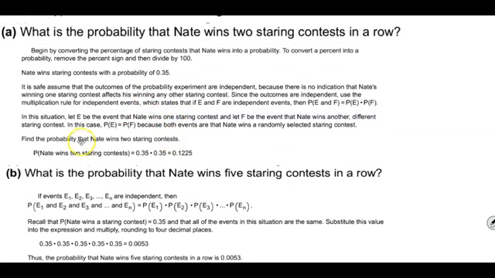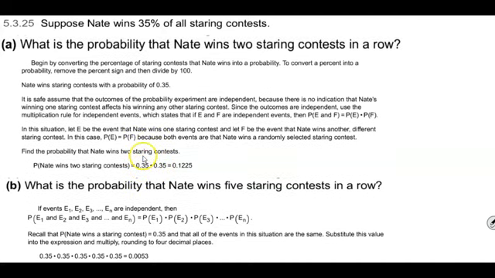So, the probability that Nate wins 2 staring contests is the probability of one contest times the probability of the second contest. And that probability was 35% for each of his staring contests. So it's 0.35 times 0.35, which gives 0.1225 as your result.